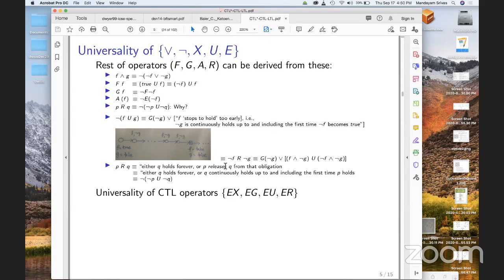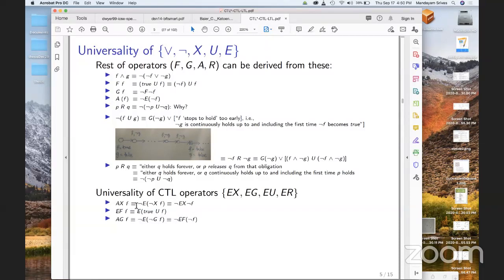Similarly, there is universality for CTL operators. There were 7 or 8 different operators: E X, E G, E U, E R, and all the A versions of these. Everything can be expressed in terms of E X, E G, E U, and E R. These are justified mainly by the semantics of universal versus existential quantifiers.